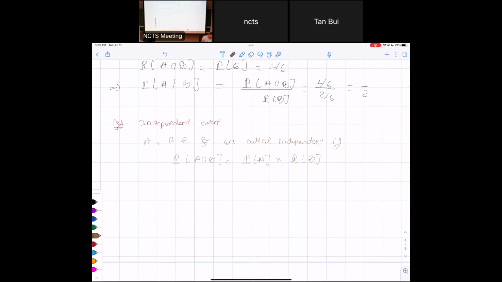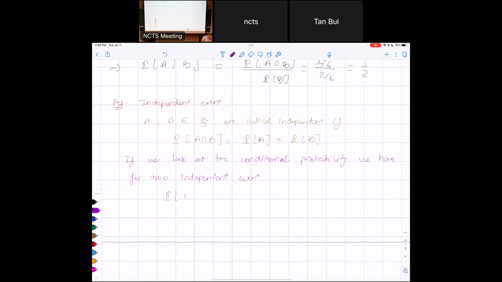So if we look at the conditional probability formula, for two independent events, remember that P of A given B is P of A intersect with B over P of B, right?